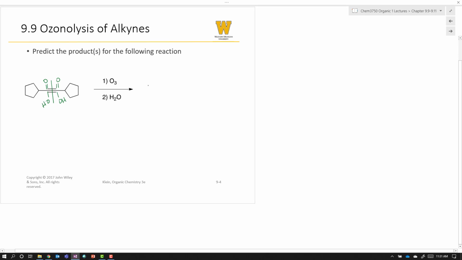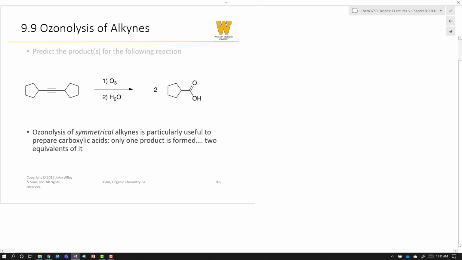And so what you're noticing probably is that both sides of that molecule are exactly the same, and so you're getting two of the same carboxylic acids. So this is highly efficient because you're yielding two of the same molecules with these symmetrical alkynes. And so this is really useful for preparing carboxylic acids. Only one product is formed and you have 2 equivalents.